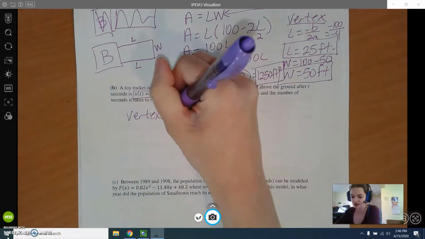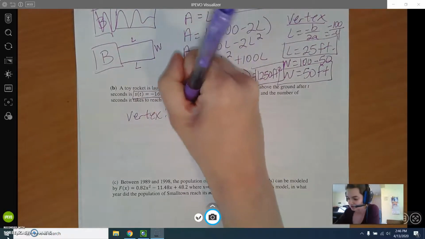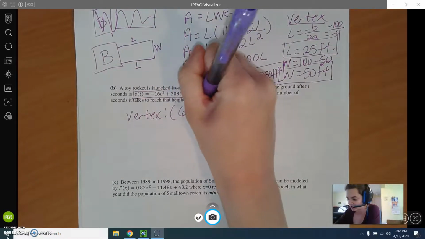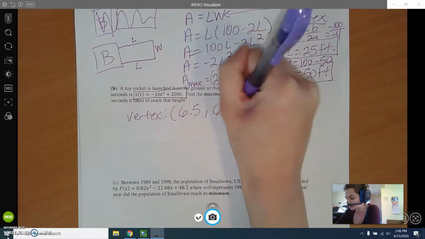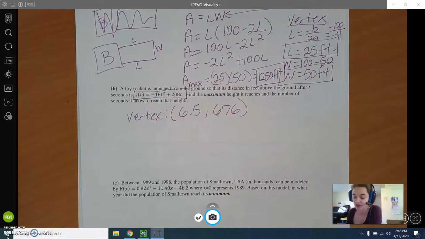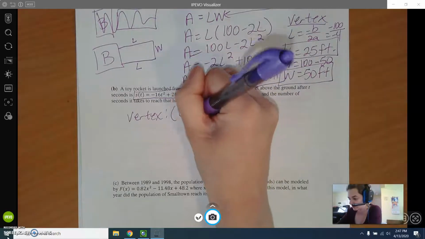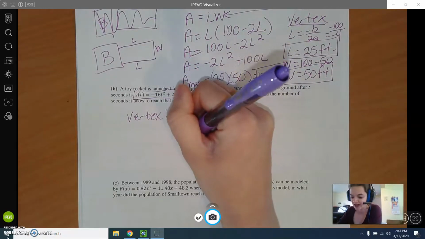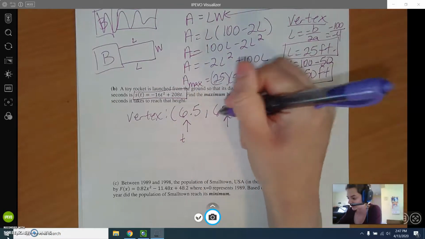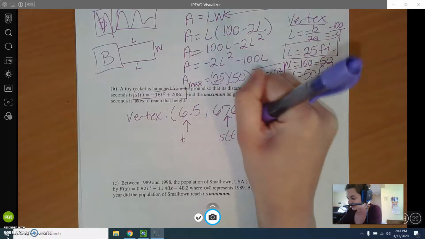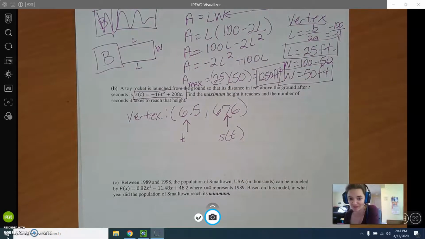Alright, the vertex you should get, the t-coordinate is 6.5, and the s of t coordinate is 676. Okay? So what do those things mean? That's your t, that's the time that it takes to reach that maximum height. And the 676, that's your s of t, that actually is your maximum height.